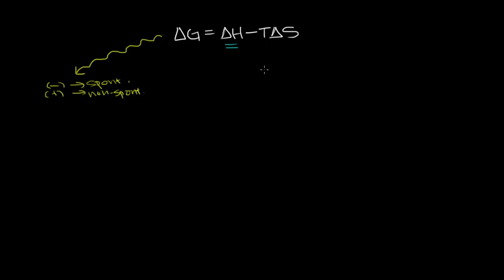And because all systems want to achieve their lowest possible energy, if we're talking about enthalpy in isolation from entropy, we might intuitively say that having a negative delta H, which describes a release of energy going from reactants to products, would be more favorable than a positive delta H value.